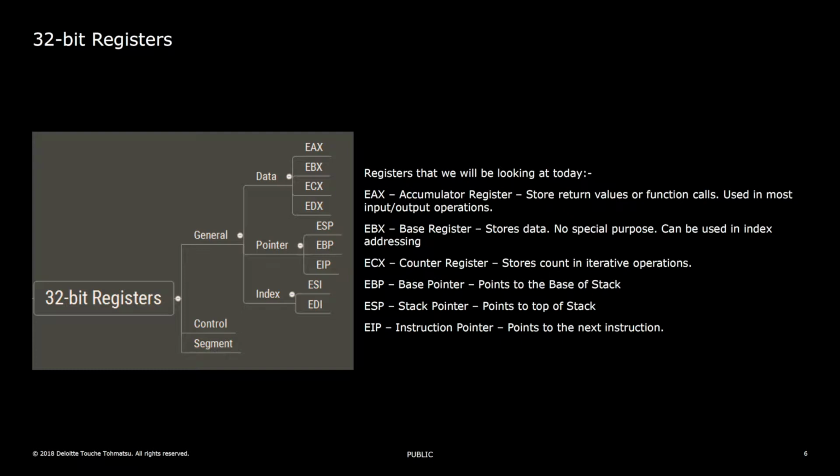Okay. So yeah, EAX, EBX, ECX, EDX are the general purpose registers. And EBP, ESP, and EIP are fairly special. Base pointer is okay, but what you essentially want to control are EIP and ESP. EIP is the pointer that points to the next instruction.